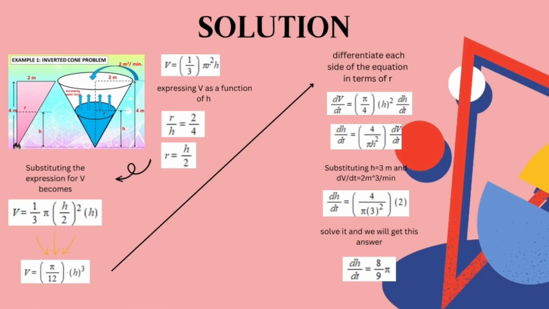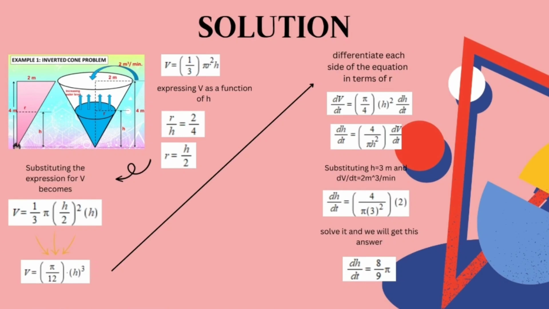The quantities V and h are related by the formula of the cone's volume. See the equation shown below. V equals 1/3 times pi times r squared times h. Remember that we want to find the change in height with respect to time.